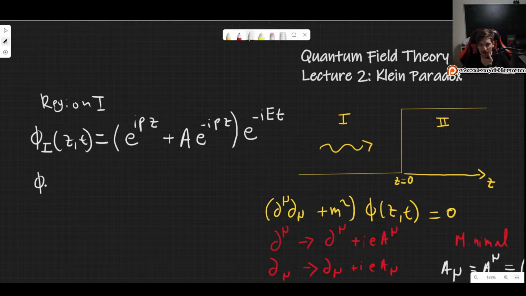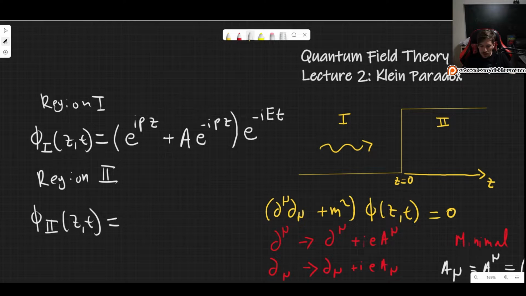And then we have, for region 2, there we have that our wave function of z and t will be now some other coefficient times e to the i p prime, the momentum may change, and in fact will change, times z.